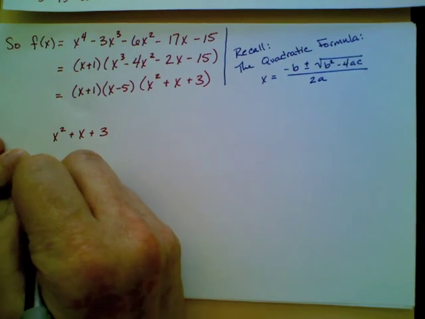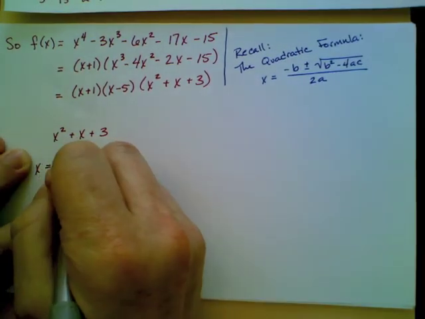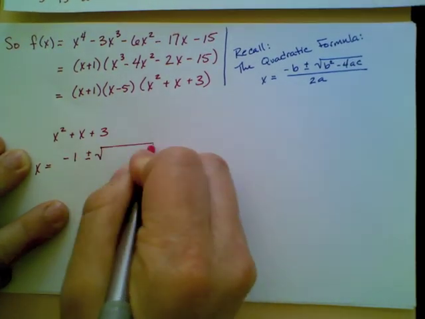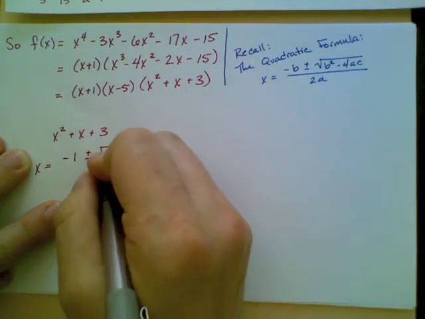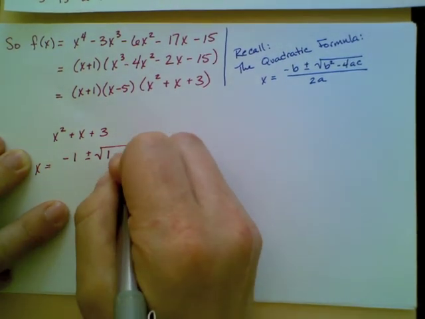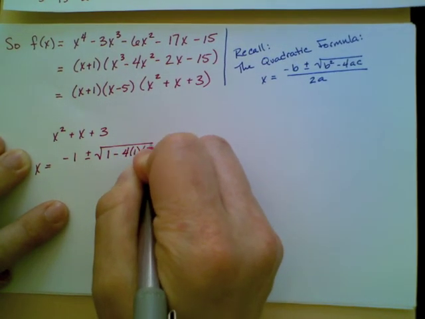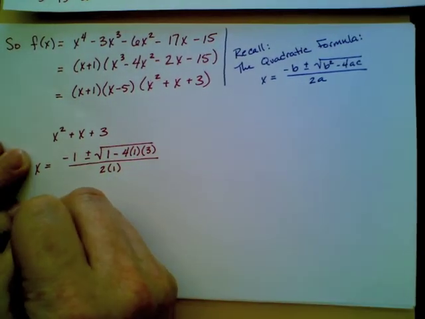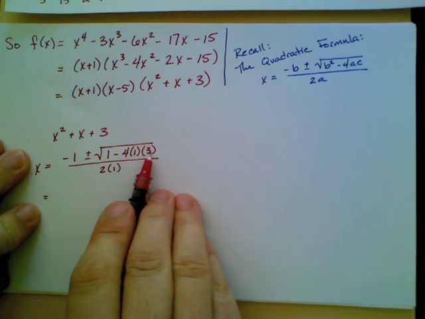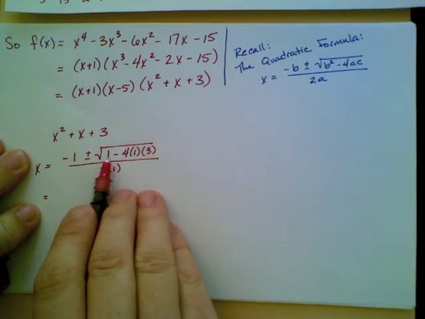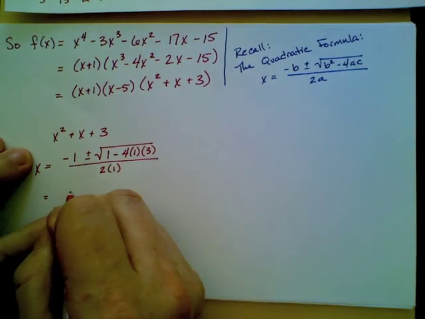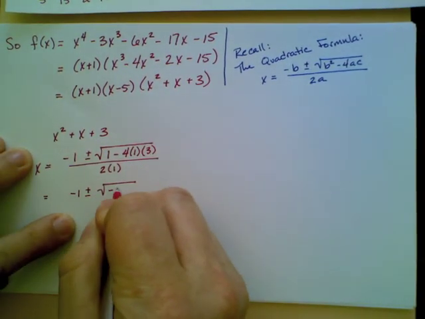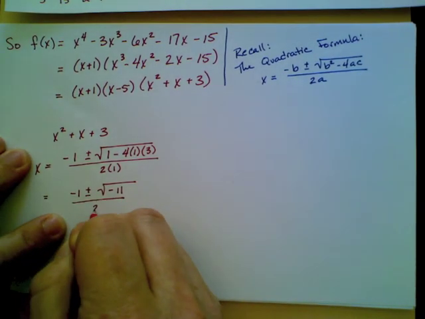So my roots, my zeros here, -1, since b is 1, plus or minus the square root of 1 squared, which is 1, minus 4 times 1 times 3, all over 2 times 1. Of course, 4 times 1 times 3 is 12. 1 minus 12 is -11. So this is -1 plus or minus the square root of -11 all over 2.